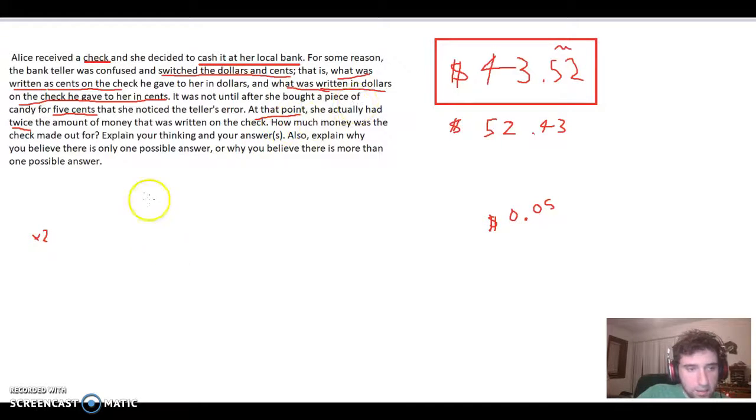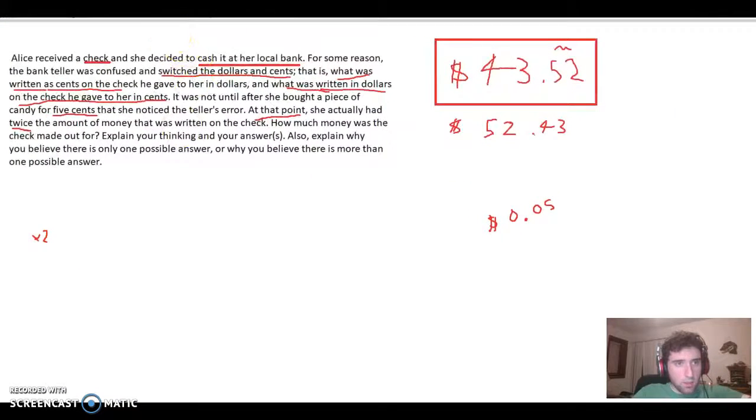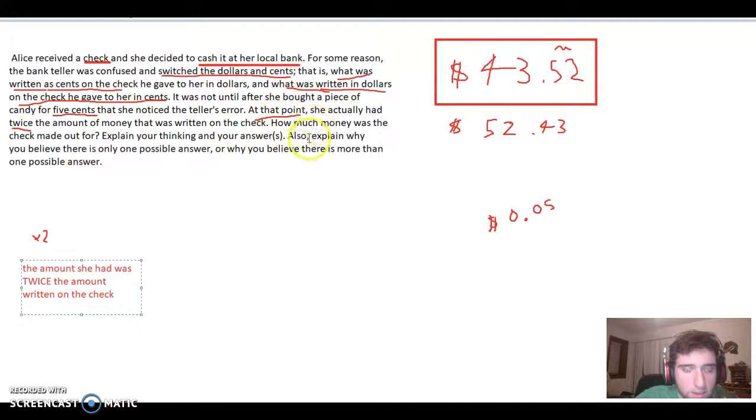So the amount she had was twice the amount written on the check. I'm actually just writing what's in this problem here, but this seems like important information. The amount she had was twice what was on the check.